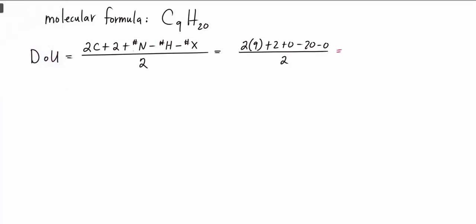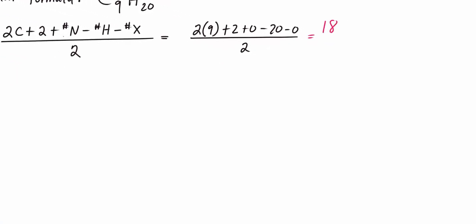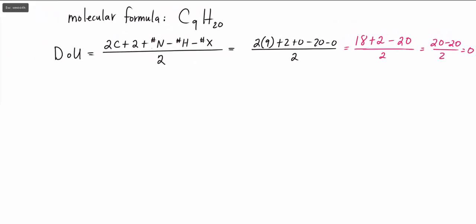So what we wind up with is 18 plus 2 minus 20, all divided by 2. And that's going to be 20 minus 20 divided by 2, which is 0. So we have 0 degrees of unsaturation.